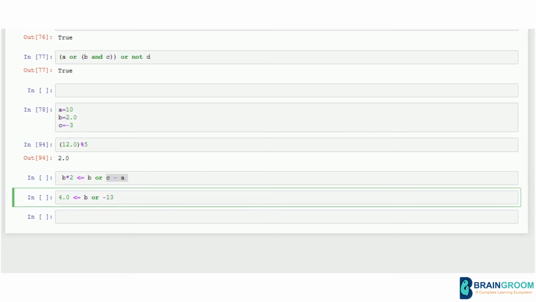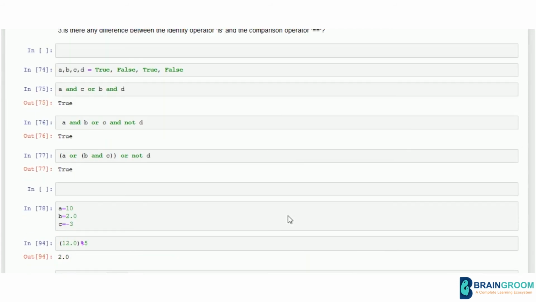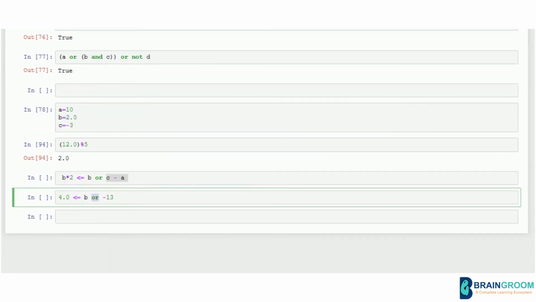Okay, so now we have two, one is comparison, the other is logical. Among comparison and logical, comparison takes precedence since it is higher than logical operators. So first evaluate this.